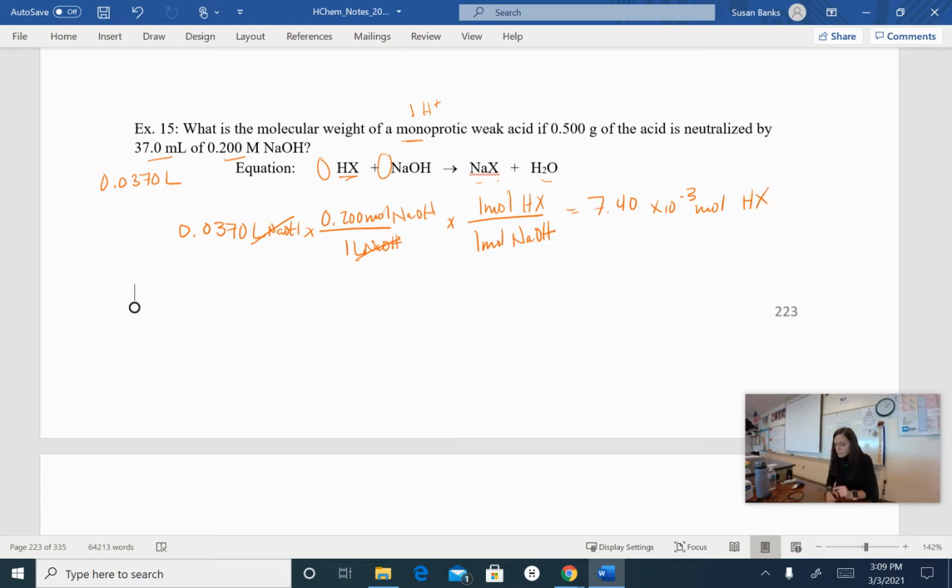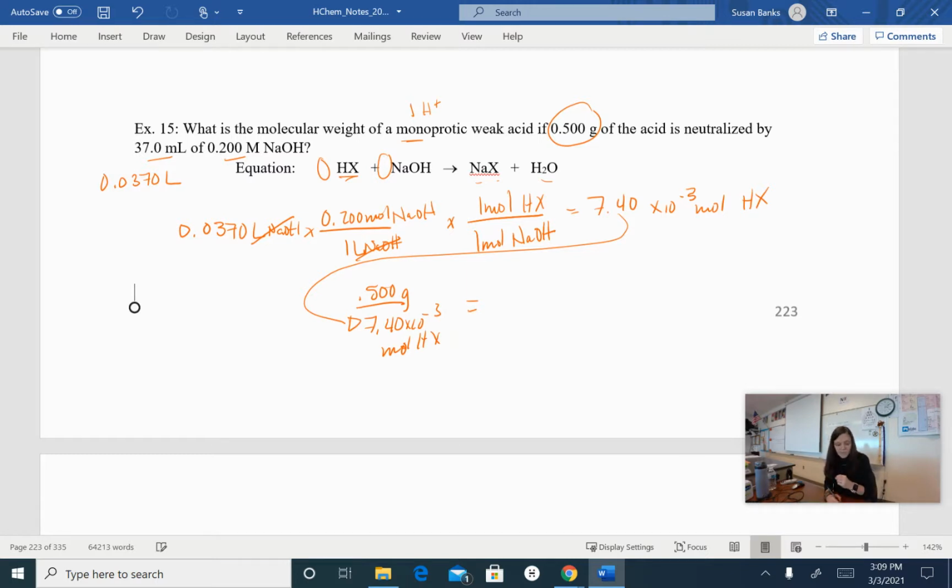Now to find a molar mass, I need grams and I need moles. I was given grams, right? I want grams per mole. So could I take this 0.500 grams and divide it by the moles, 7.40 times 10 to the negative 3 moles of HX? That will give me my molecular mass.